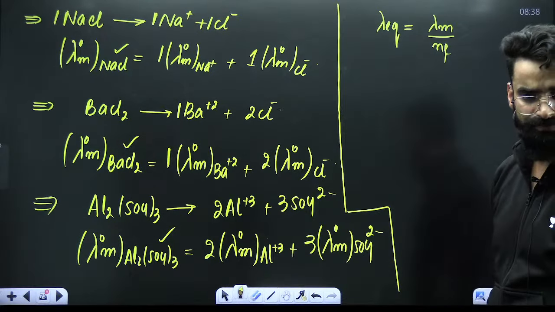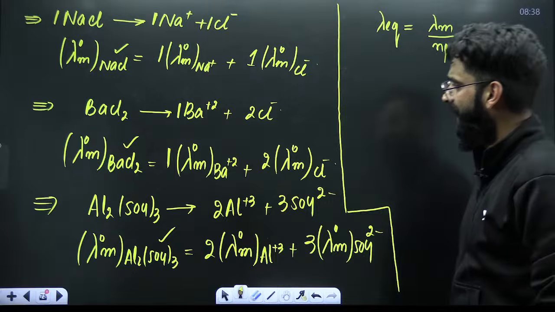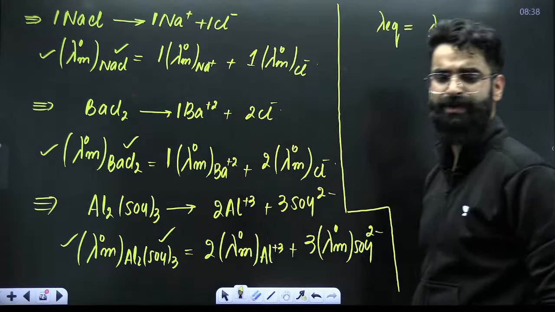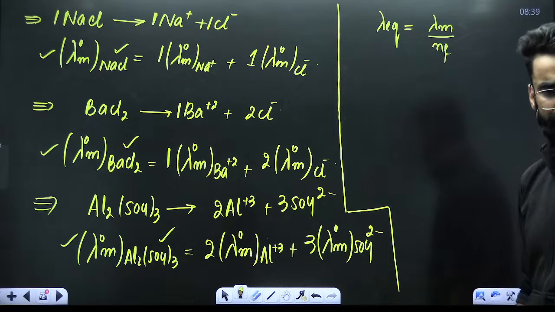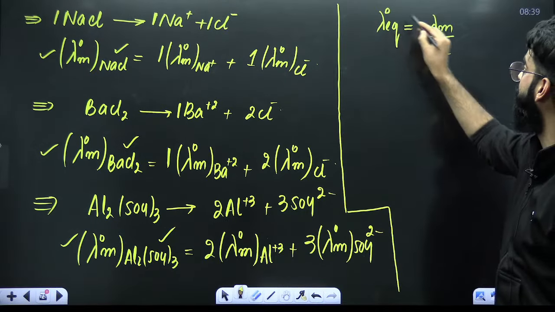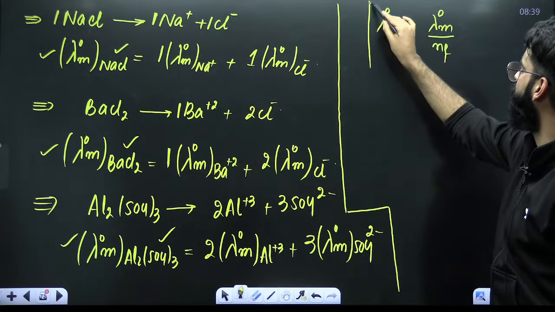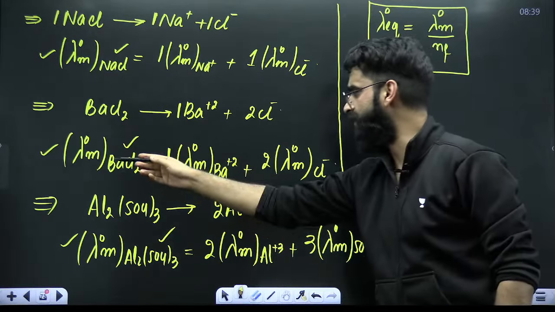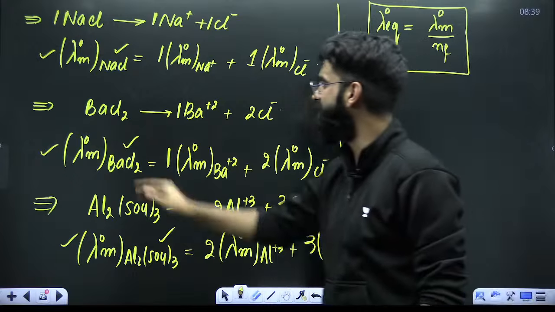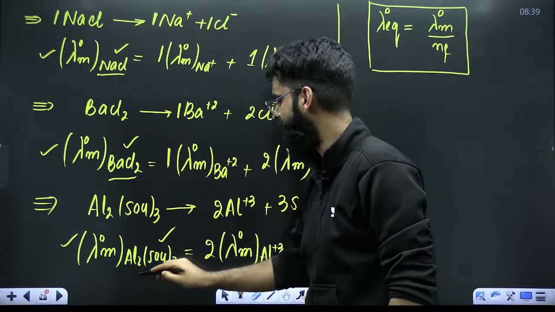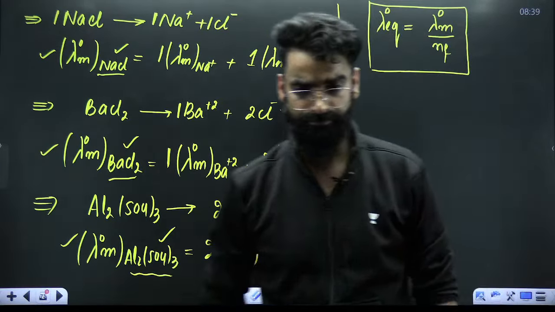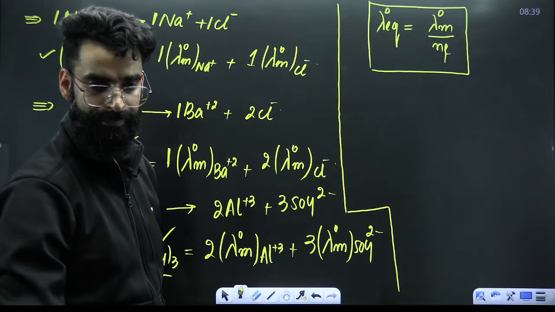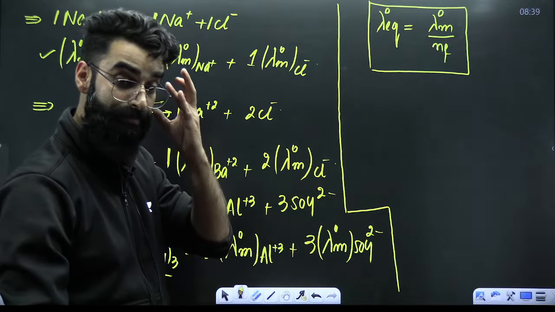So once you get the molar conductivities at infinite dilution, you can easily calculate their equivalent conductivities at infinite dilution, by dividing by the n factor of the particular electrolyte. I hope this statement is clear.